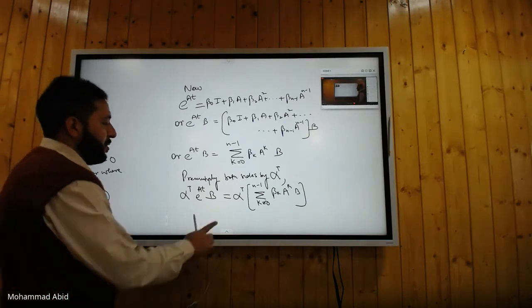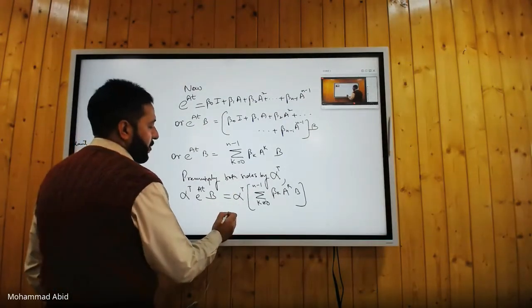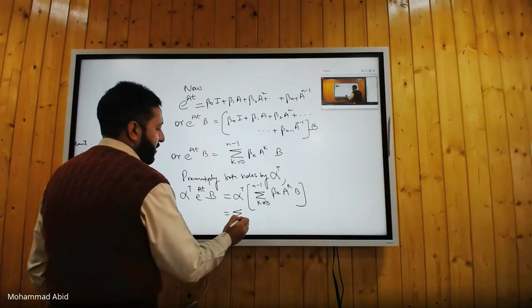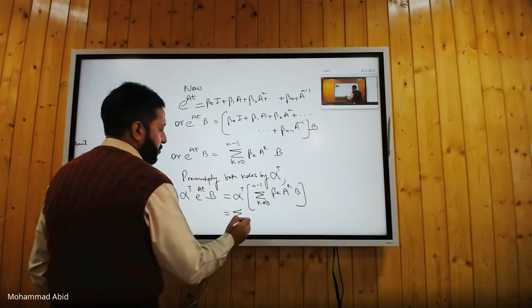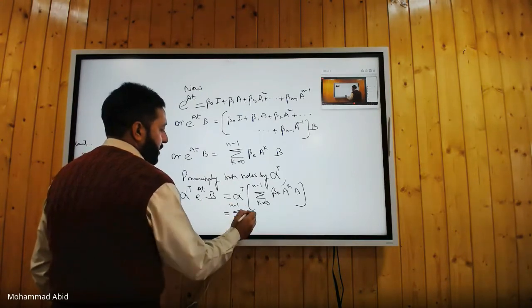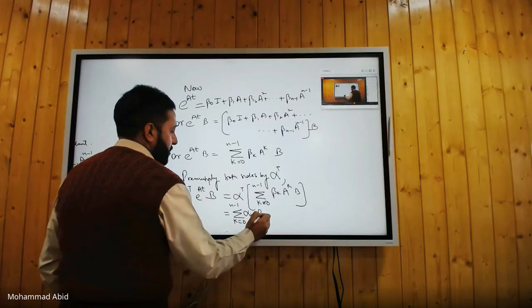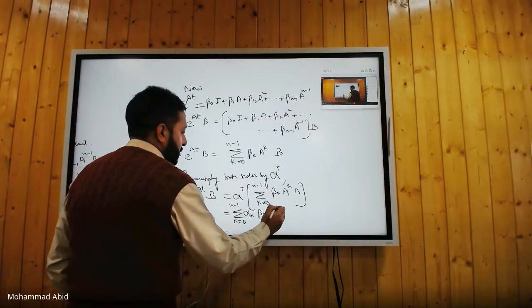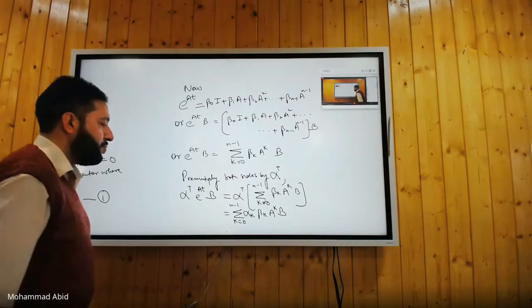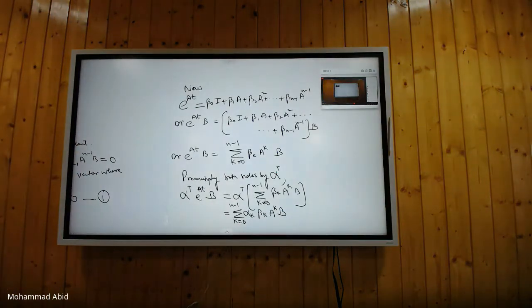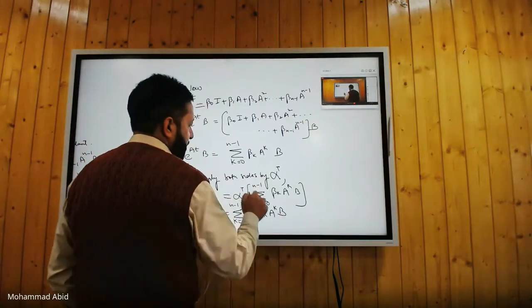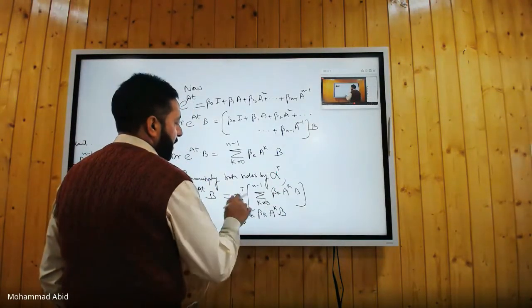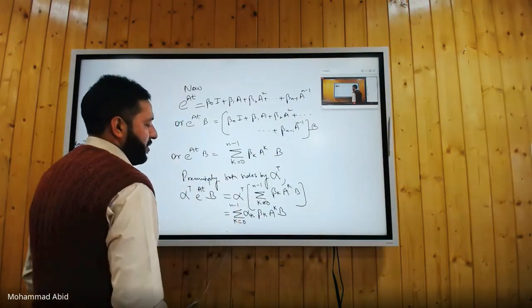So I can write, because this alpha will get accommodated in each one of them, so I'll get it like this. K is equal to 0 to n minus 1, this will be alpha k, beta k, A to the power k B. Because alpha also has got k components and it is being multiplied to this. So you will have this alpha entering each term of this.